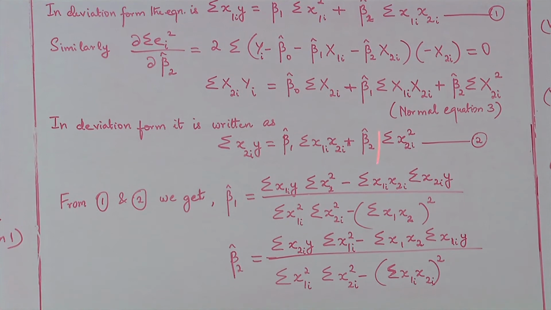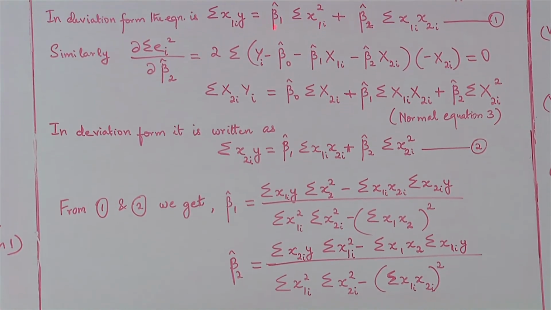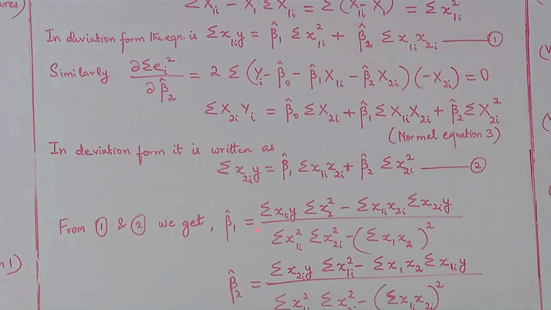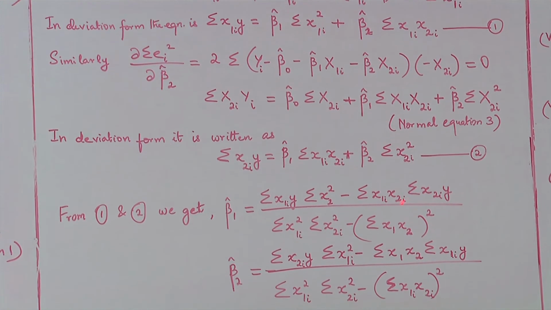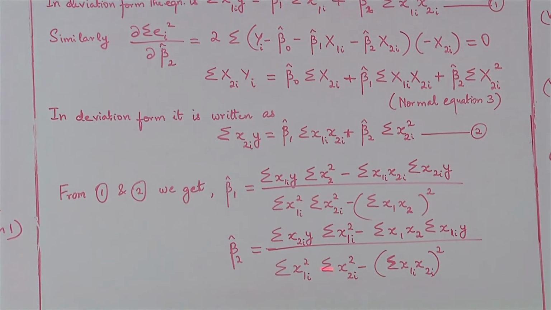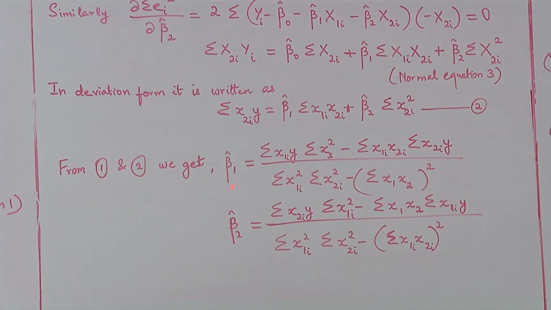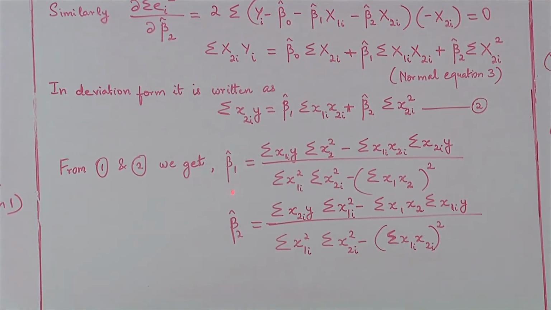On transforming these equations, that is keeping beta 1 hat on one side in the first equation and beta 2 hat on one side in the second equation, we apply the rules and we find the formulas for beta 1 hat and beta 2 hat. So, look at the formula which will be applied for all MLRM models.